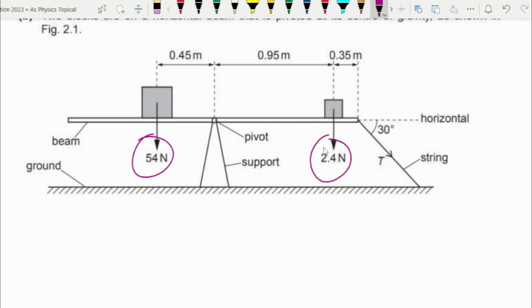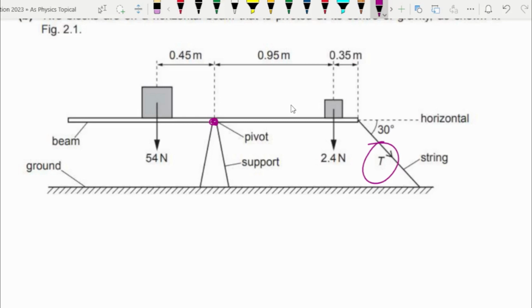There's another force of 2.4 Newton, and the pivot has to be considered. We have the perpendicular distance of the first force from the pivot, and of the second force from the pivot, but for the third force, T newtons, we don't have the perpendicular distance from the pivot.